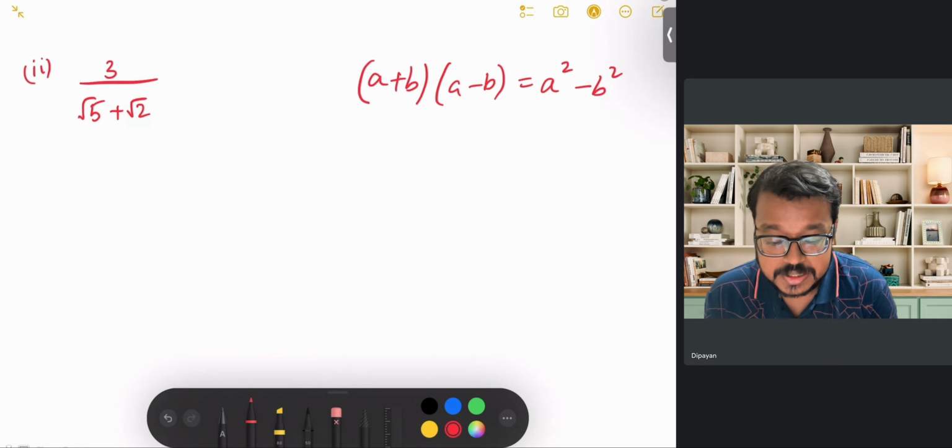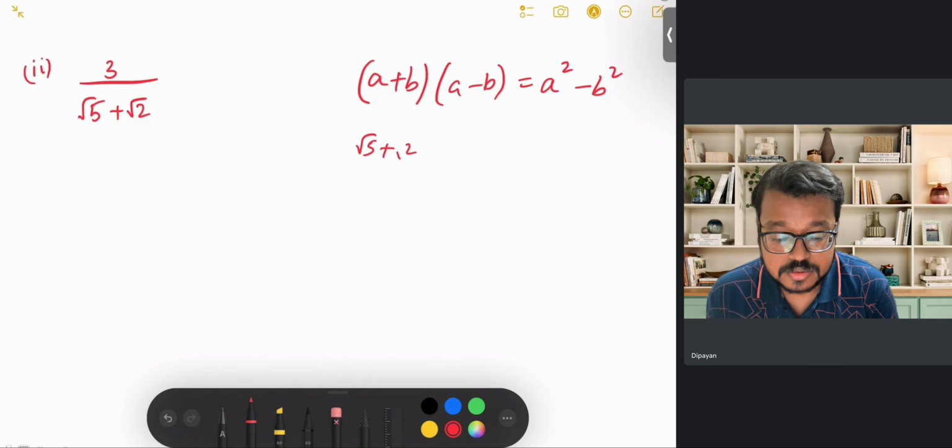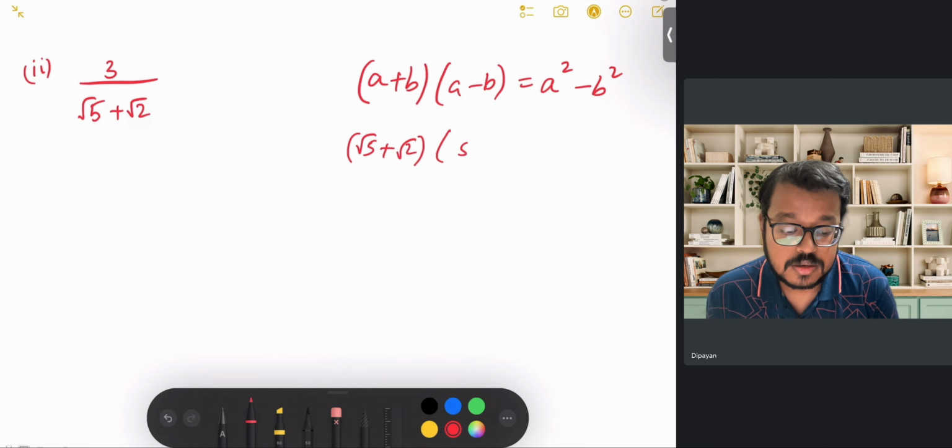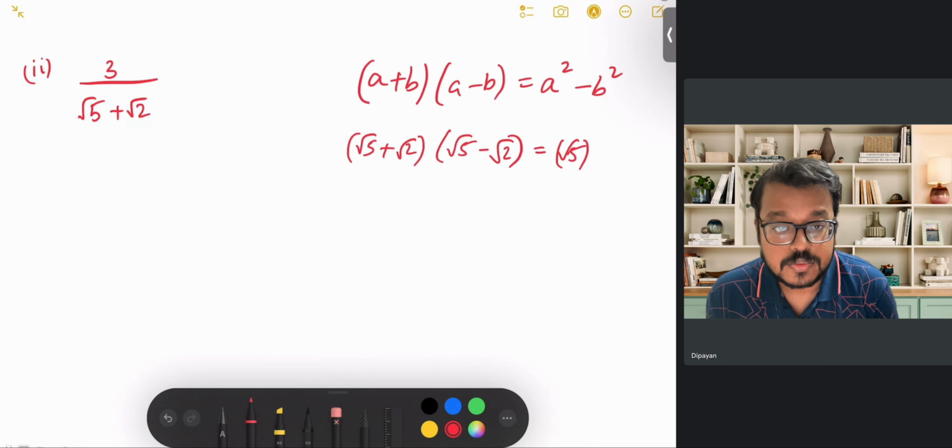So for example, here my denominator was root 5 plus root 2. If I multiply this with root 5 minus root 2, then the result is root 5 square minus root 2 square.